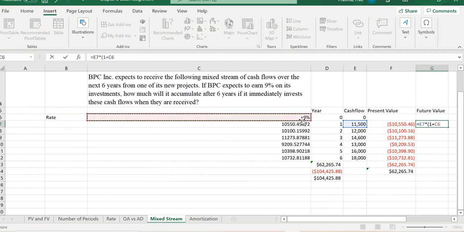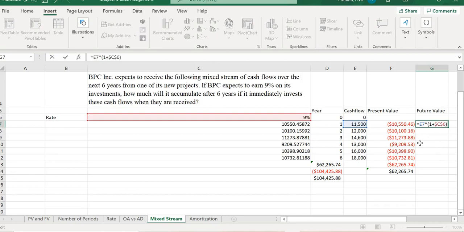So put a dollar sign here, and C, sorry, it is C6. Okay. So put a dollar sign here, and for you, you don't have to put the dollar sign. You will just press F4.